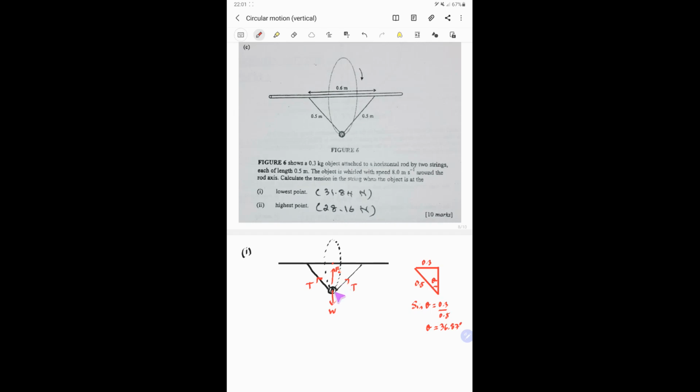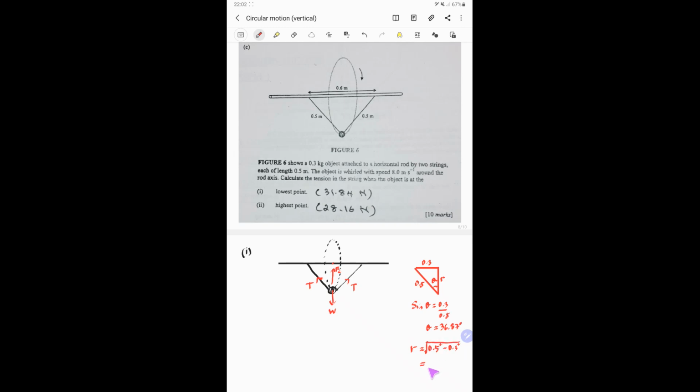Okay, and then remember, according to the circle, this is the radius of the circle, isn't it? Because this is the circle, the radius should start from the object to the center. So we need to find R. How do you calculate R? Using the Pythagorean theorem. R equals the square root of 0.5 squared minus 0.3 squared.